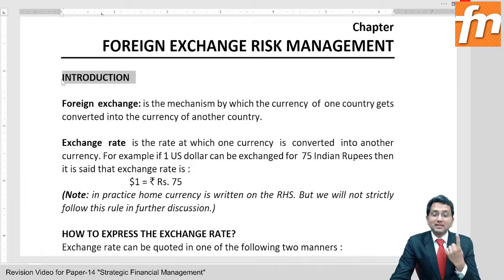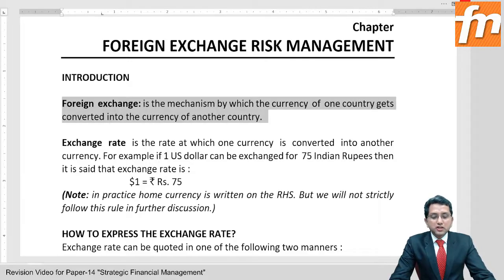First of all, we will discuss what is foreign exchange. Then we will discuss what is foreign exchange risk. Then we will discuss how to manage foreign exchange risk, that is foreign exchange risk management. And also we will explore many other connected concepts.